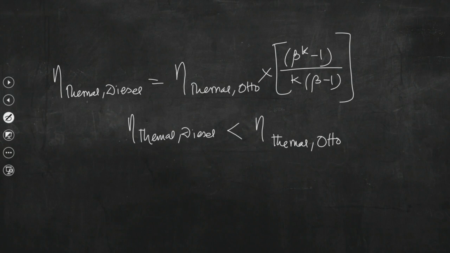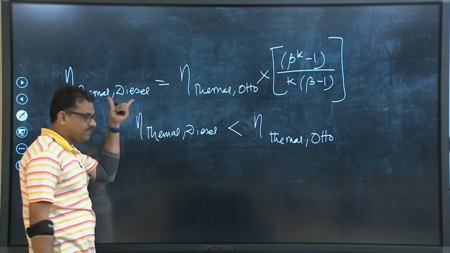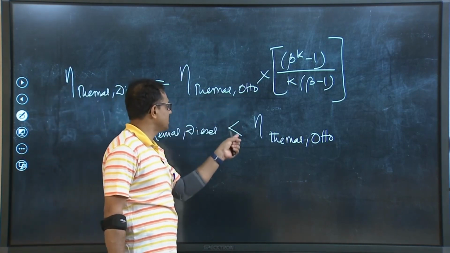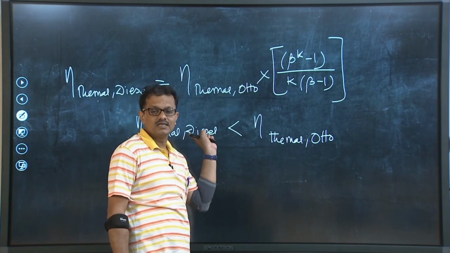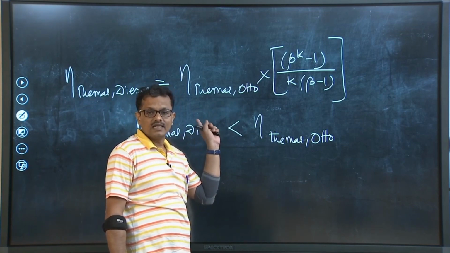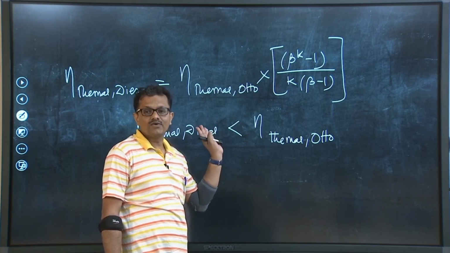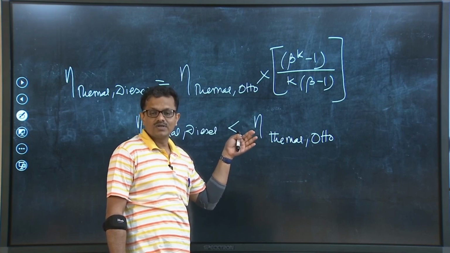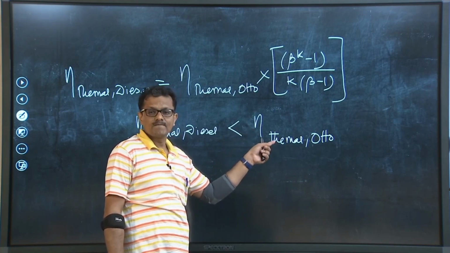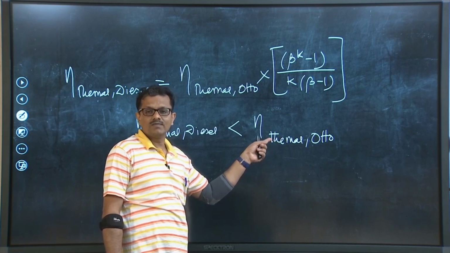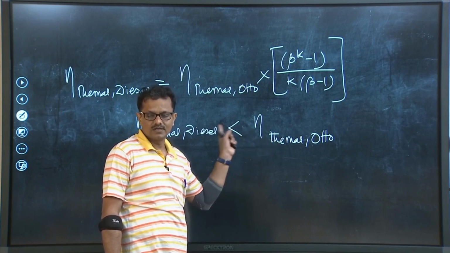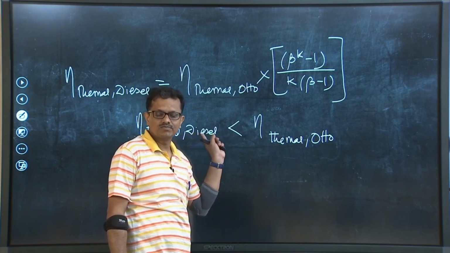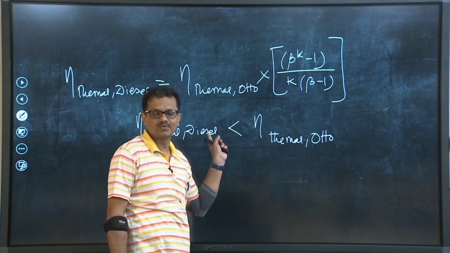This ratio is always greater than 1. So, the thermal efficiency of Otto cycle is diesel cycle efficiency divided by something, and that something is always greater than 1, right. So, efficiency of Otto cycle is always greater than efficiency of diesel cycle, and it indicates that constant volume combustion is more efficient than the constant pressure combustion. Why? Because for the Otto cycle, we could represent the combustion process by constant volume heat addition process, but for the diesel cycle we had seen that we could represent the combustion process by a constant pressure heat addition process.